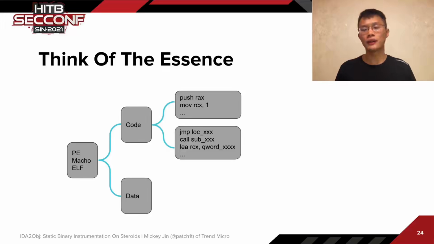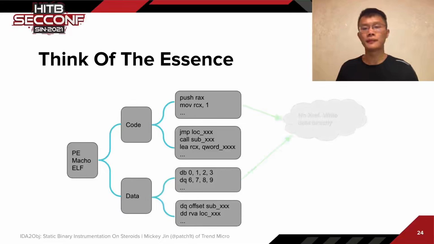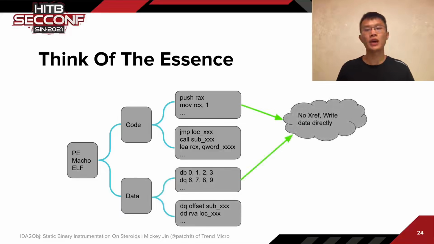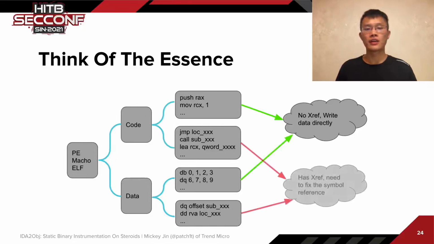For the data part, it's similar. The pure machine code has no cross-reference, which means it can be dumped directly. The rest of the instructions have cross-references, which means they need to be fixed for the symbol reference. Therefore, one binary can be divided into two parts, the green part and the red part.